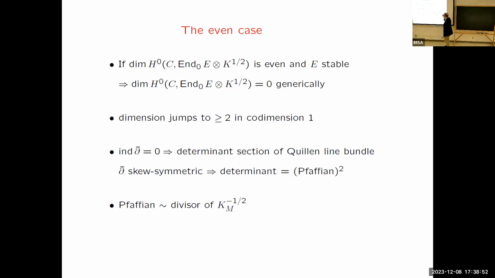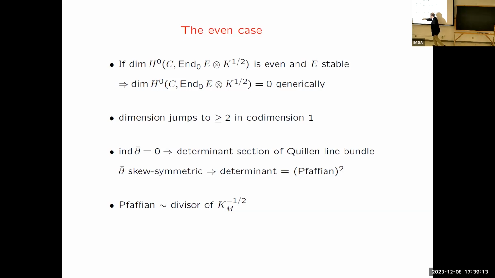So again, it's like saying that the determinant of an even skew-symmetric matrix is the square of something, but this works in this context as well. Instead of there being a determinant section, there's a Pfaffian section of the square root.